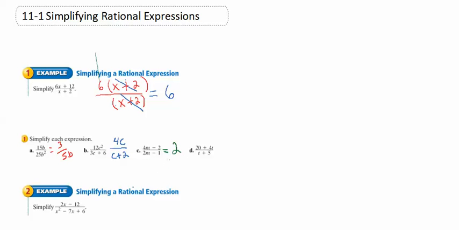And the last one, again, I'm looking for what they have in common. Is there anything that the top has in common? I think it has a 4, because 4 times 5, and then plus 4 times t is 4t. And now at the bottom, I have t plus 5.